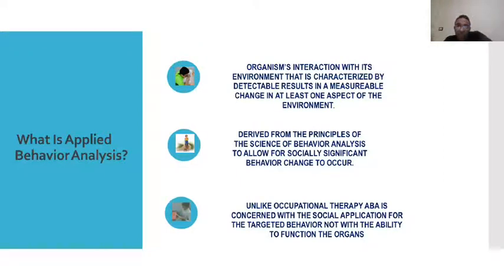If he is able to identify being happy in a picture, this is occupational therapy. But if he is going to identify similar cases in which a person could be happy, this is ABA. If I teach the students the shapes, this is occupational therapy.